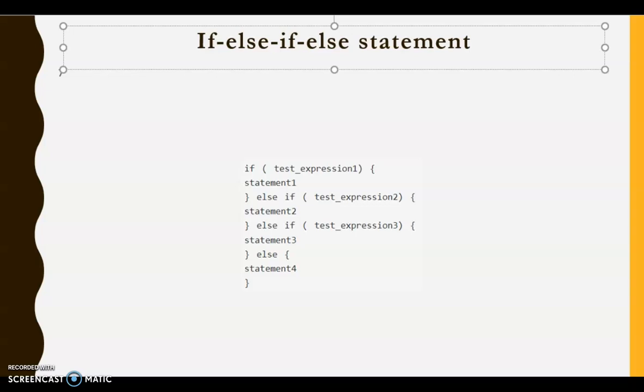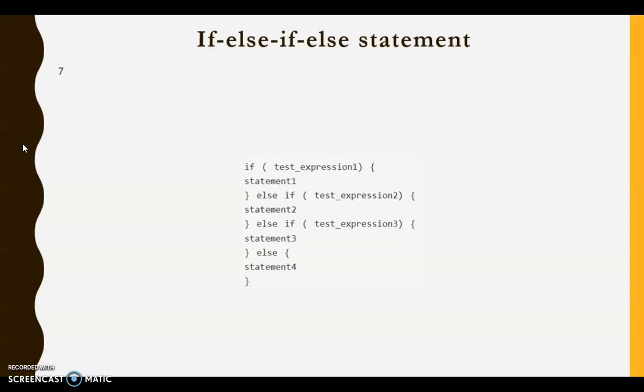The last famous structure we have in the category of if statements is this one that you see in front of you: if, else if, else. What happens here? The if, else if structure is a combination of all the previous ones that we did together.